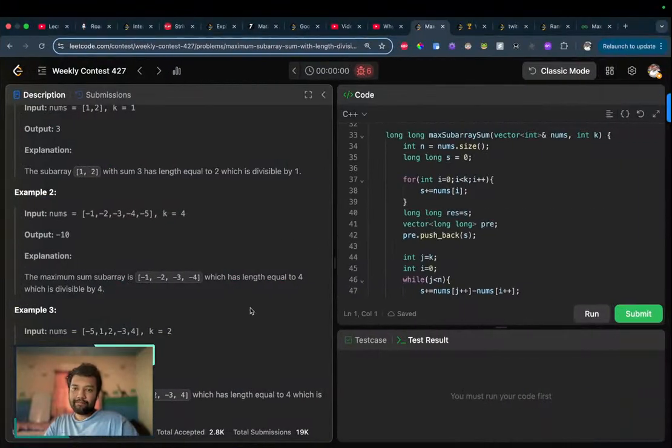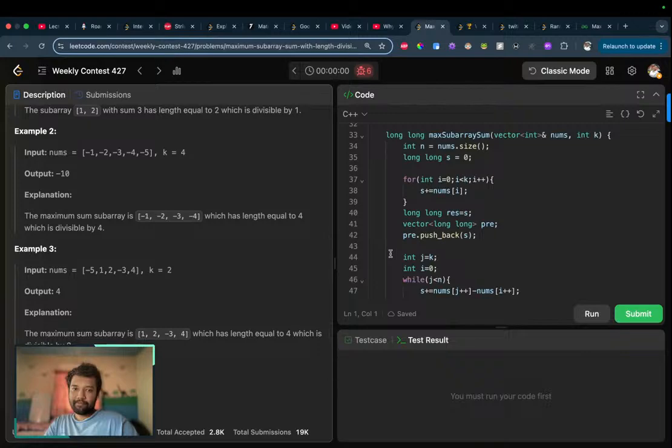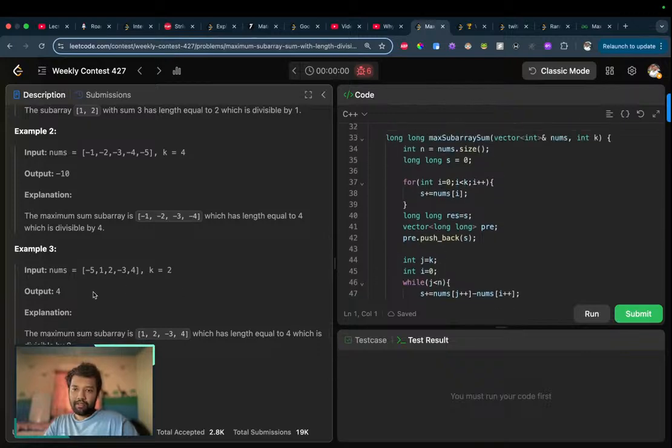So then I computed the sum of k numbers: 5, 1, 1, 2, for k equals 2, then 3, 2, 3, 3, minus 3, 4.